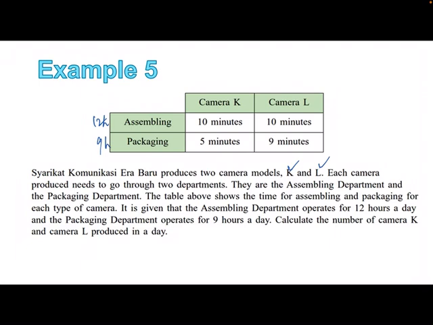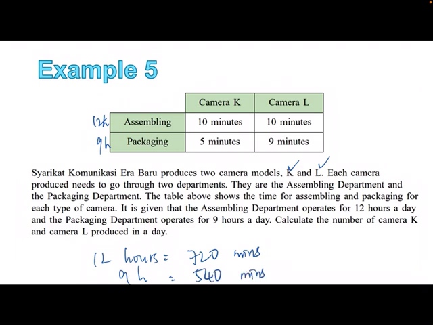First we must use the same unit. So 12 hours equals 12 times 60, 720 minutes. 9 hours equals 540 minutes.